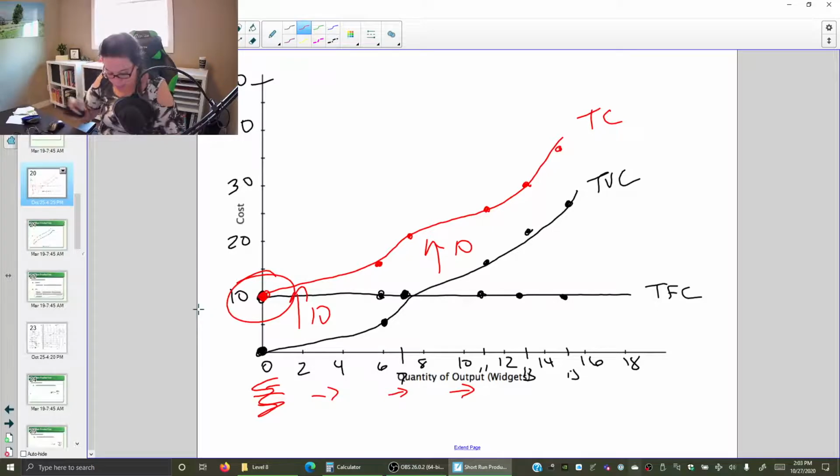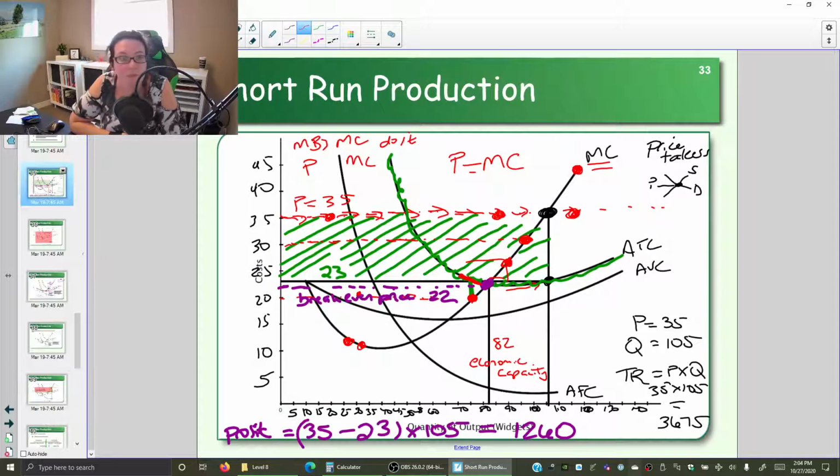So how do we decide if we're operating at a loss when we should actually shut down? Well, we have fixed costs and we have variable costs. Fixed costs we're going to have to pay even if we make nothing. So when do you continue to operate at a loss, at least in the short term, when you have the fixed cost?